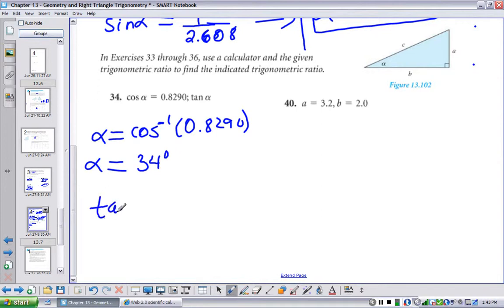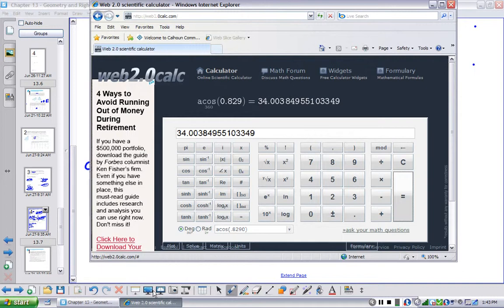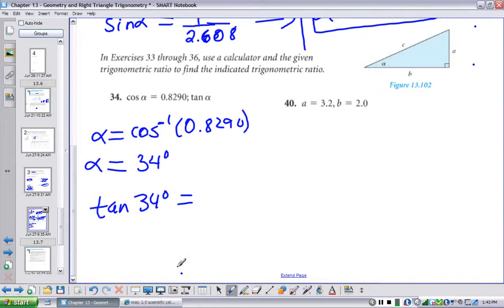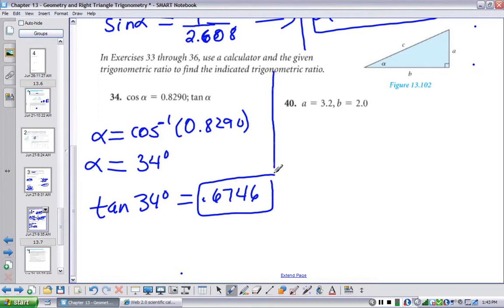So now we can find tangent of 34 degrees. And again, let's go out 4 decimals, 0.6746.